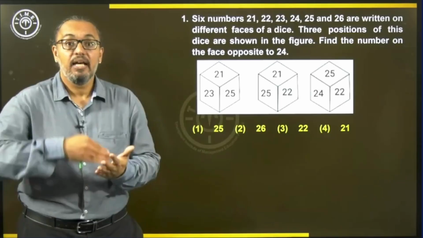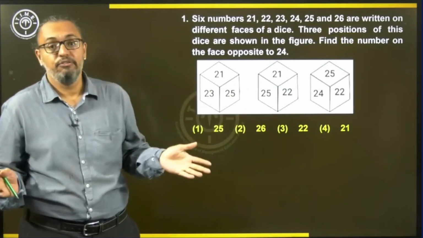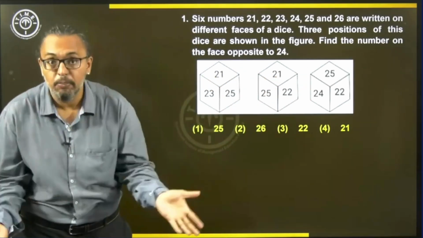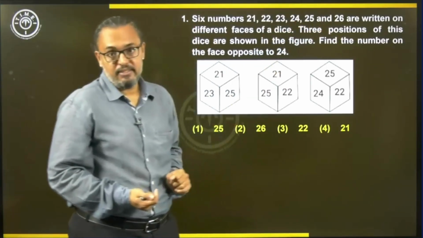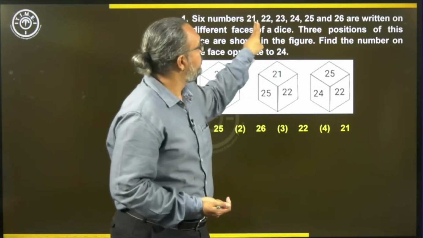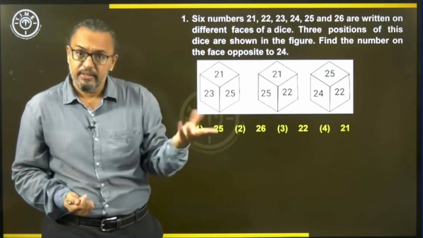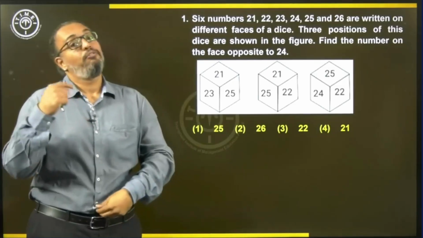So the numbers that are adjacent to 25 can never be opposite 25. So 21, 22, 23 and 24 are not opposite. Then what is the only other number you have? 26. Correct? For the number 25, 21, 22, 23, 24 are not opposites. Then which is the only number that is opposite? 26. So like that you have to understand.